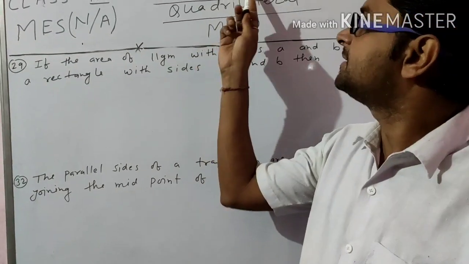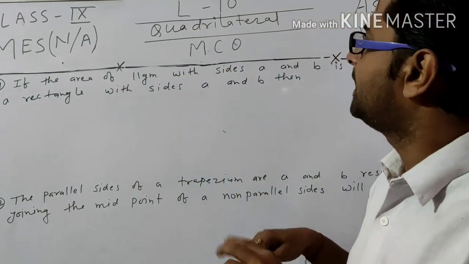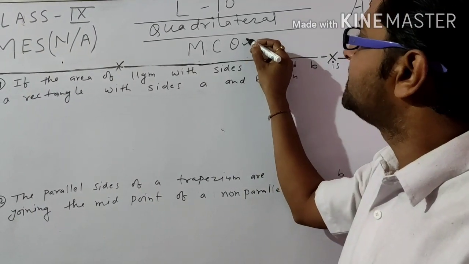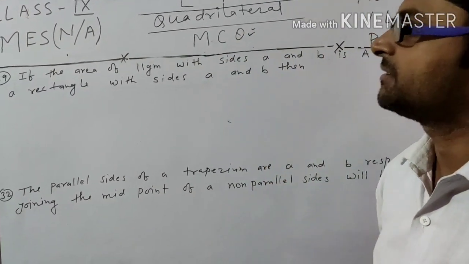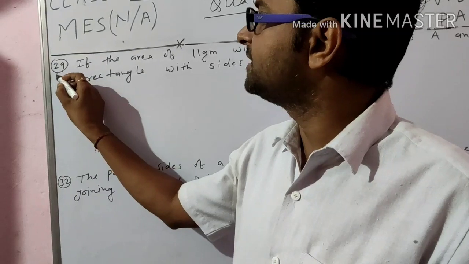Again, student, lesson 10, quadrilateral, and today is MCQ, multiple choice questions. Here, student, question number 29.